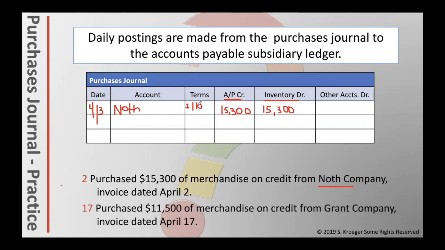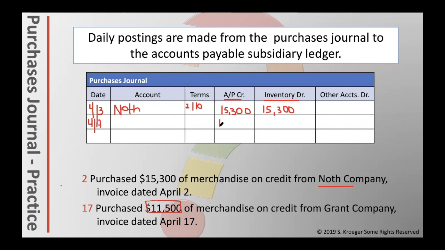The next one would be on April 17th. For the 17th, we're just going to do the same thing. Purchased 11,500 of merchandise on credit from Grant Company. The amount was 11,500.